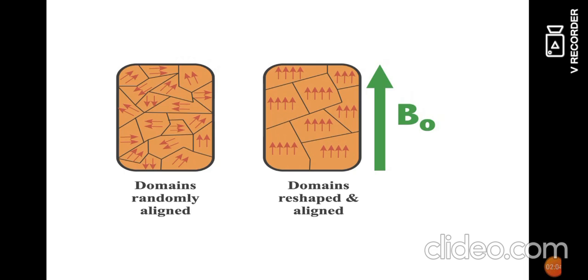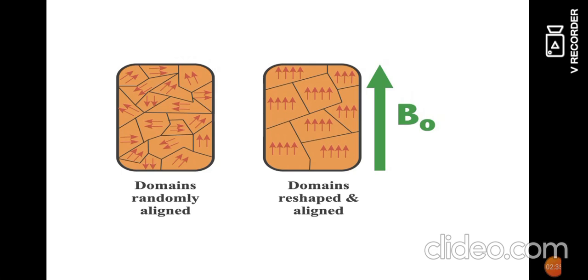So here we see the ferromagnetic material is divided into a number of ferromagnetic domains with a small volume. In each and every ferromagnetic domain, a number of magnetic dipoles will be present, but without applying the external magnetic field, all the magnetic dipoles are randomly rotated in different directions.